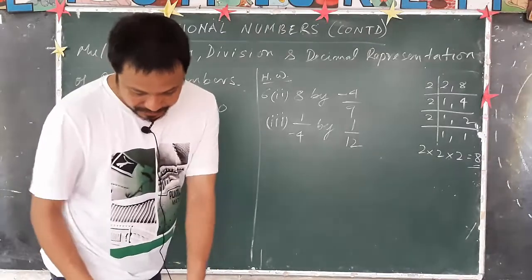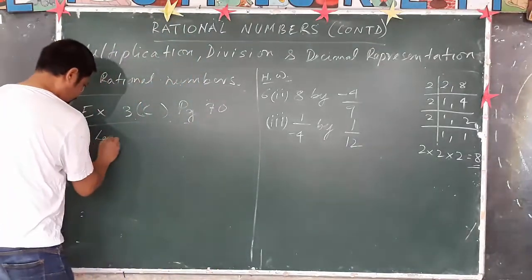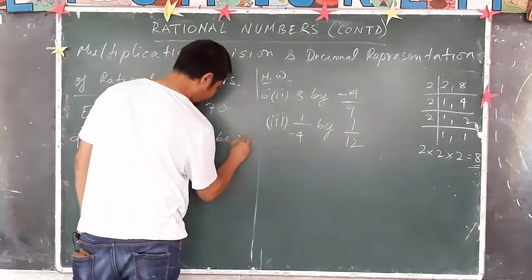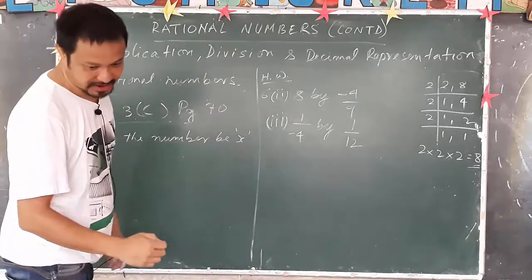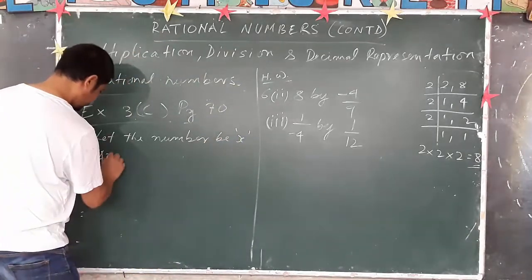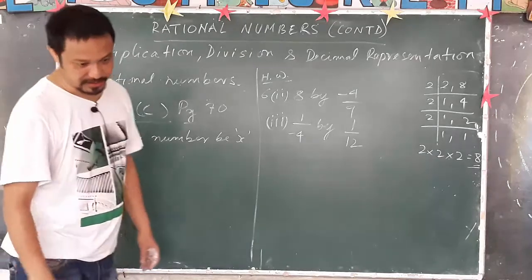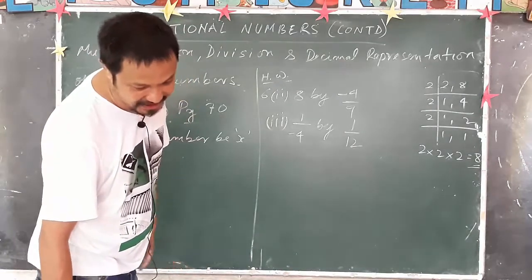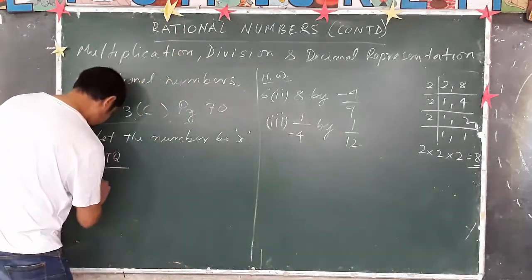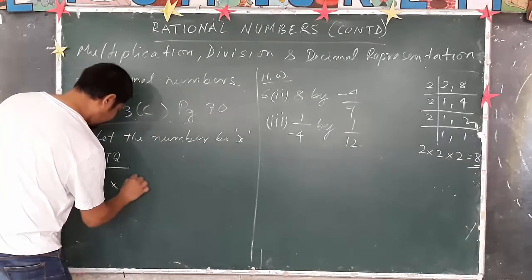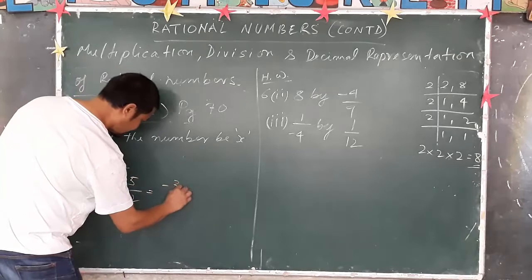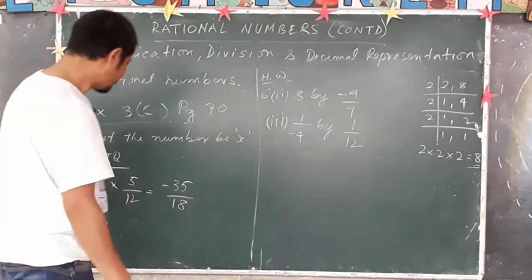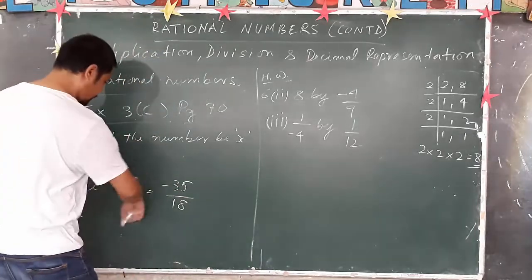Okay, so again, let the number be x. What does it say after the question, ATQ? The product of two rational numbers is minus 35 by 18. If one of them is 5 by 12, what's the other one? So x into 5 by 12 is equal to minus 35 by 18. That's the statement after the question, right? So what do you do now? You have to send this rational number that side.